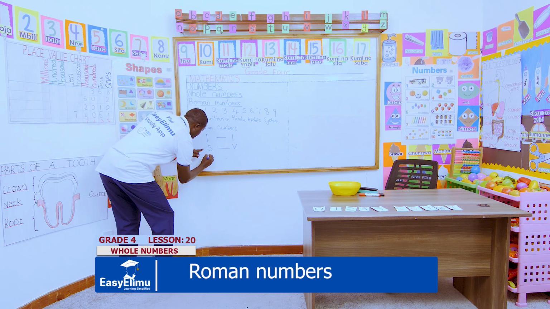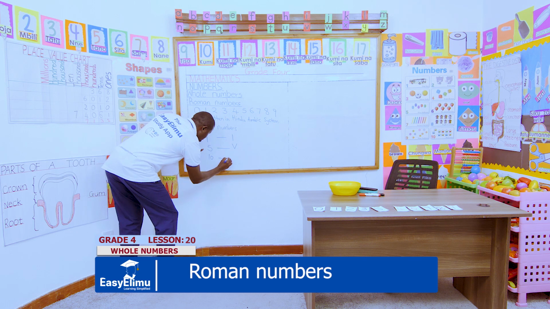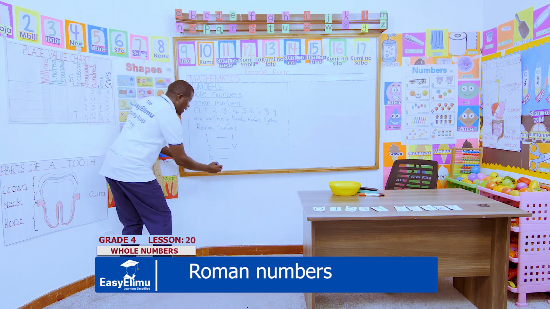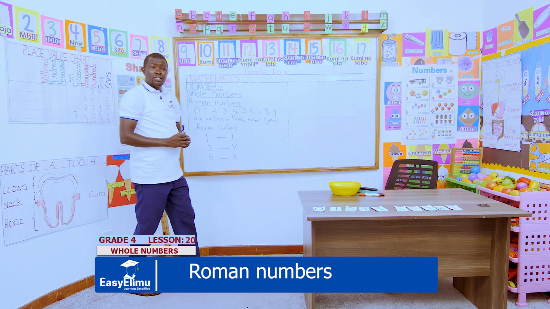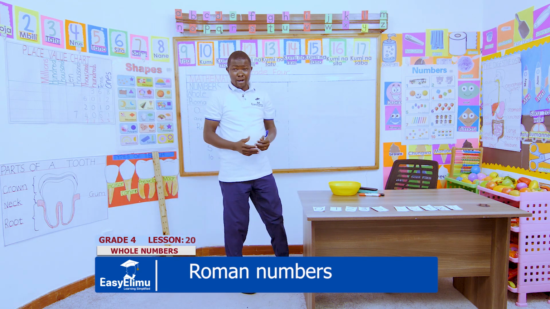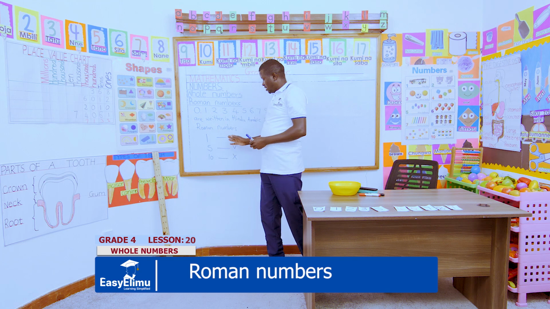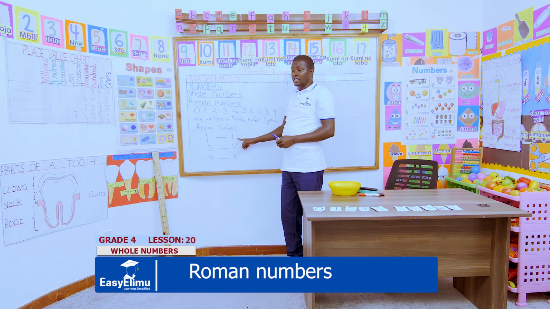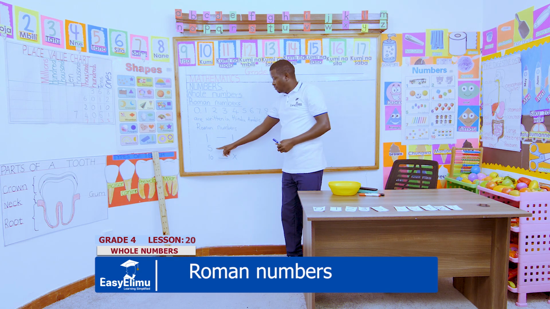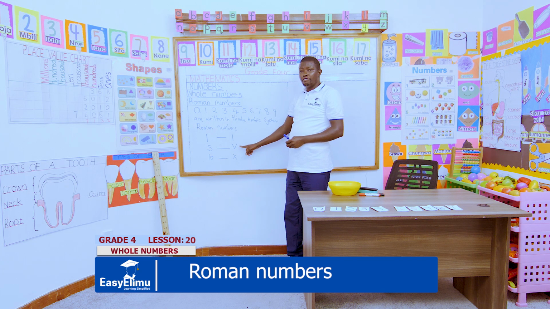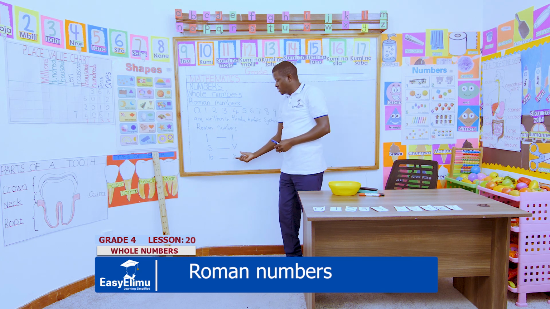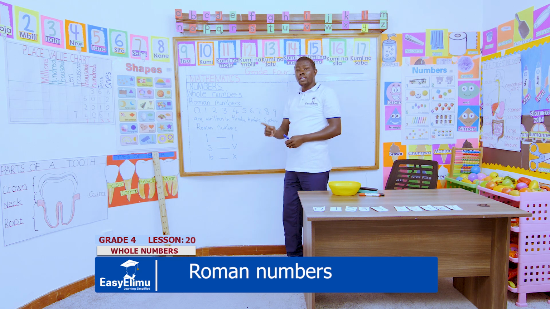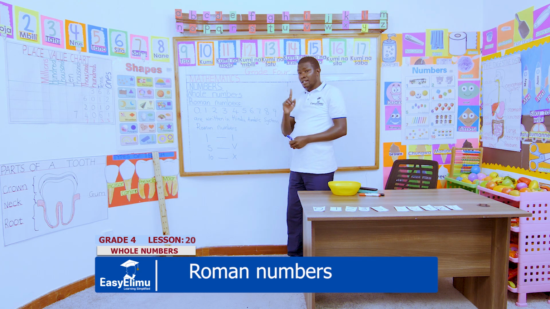Number 10 in Indo-Arabic was represented in Roman by an X. These are the main backbone numbers used in Roman system. 1 is represented by an I. 5 is represented by V in Roman numbers. And 10 in Indo-Arabic is represented by X in Roman number system.